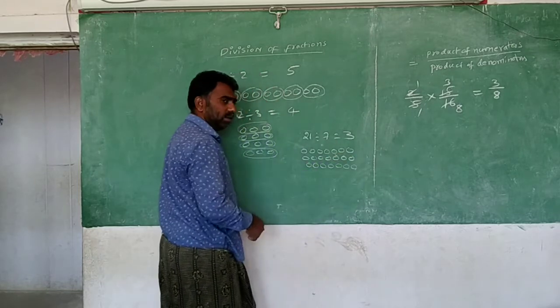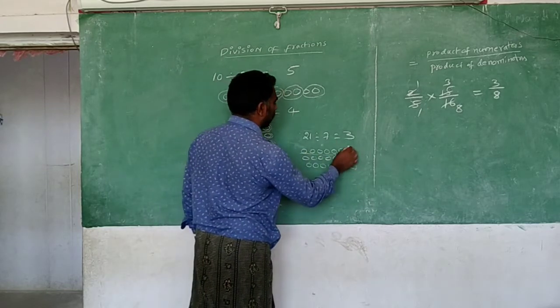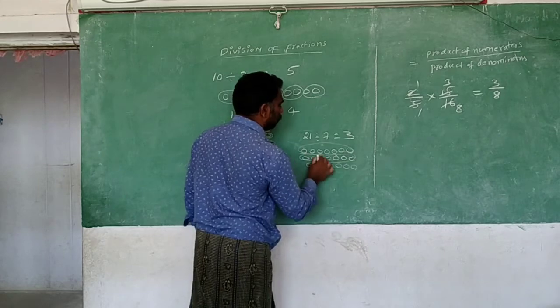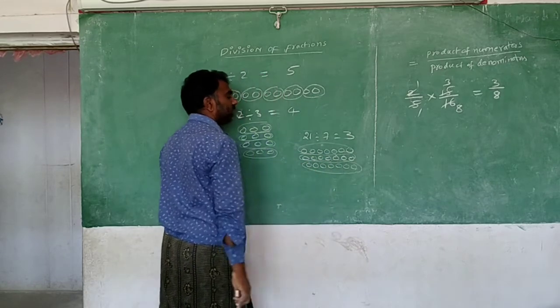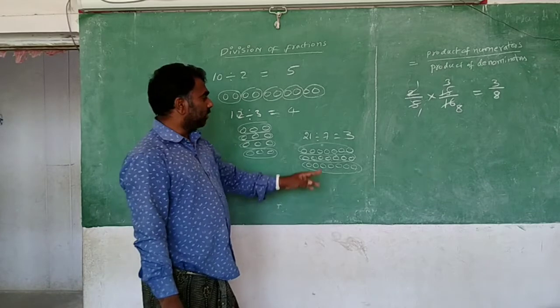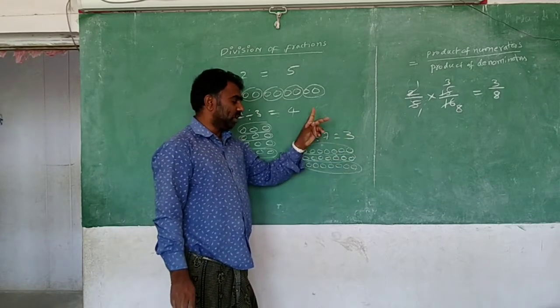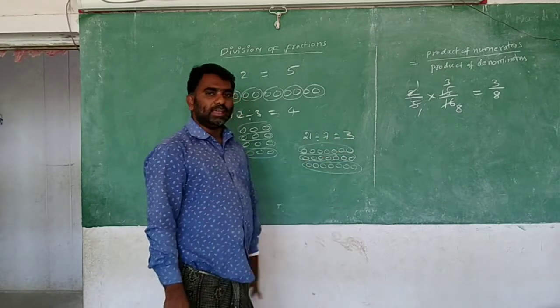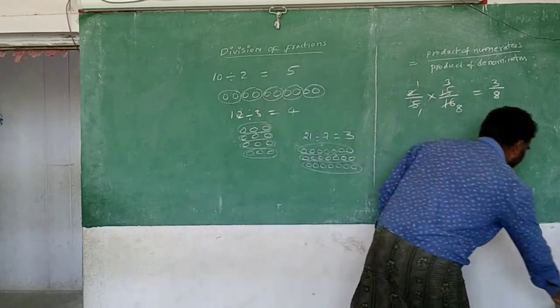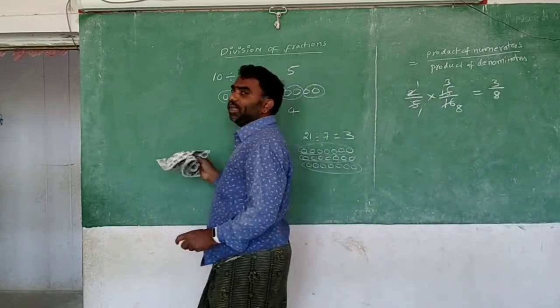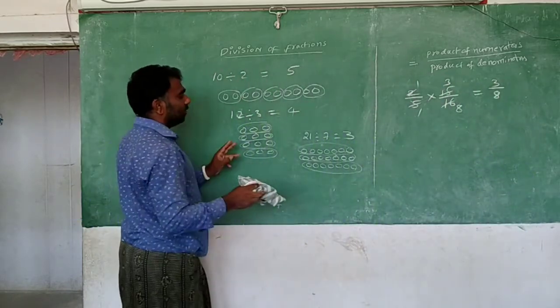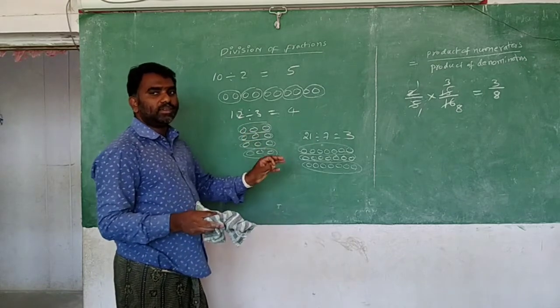In 21, how many 7s are there? 1 seven, 2 sevens, 3 sevens. In 21, there are three 7s. That's why the answer is 3. So this is the actual meaning of division. These are divisions of integers.